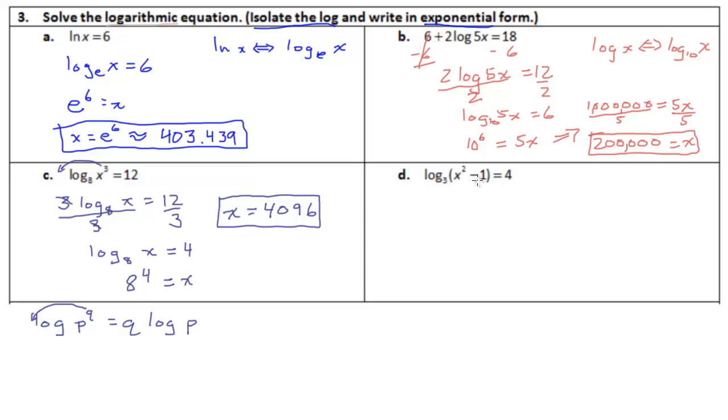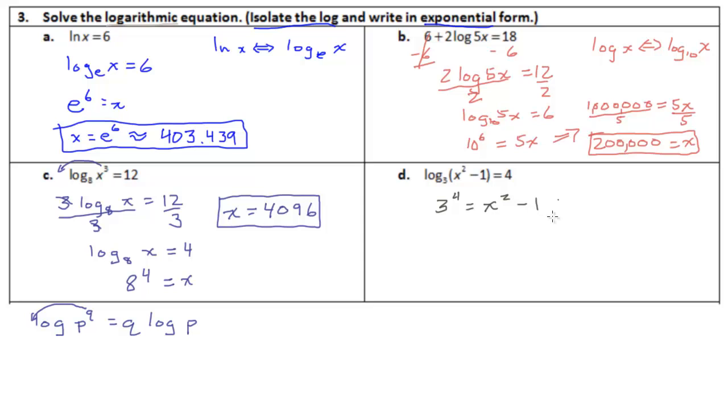This is not division. So let's go with rewriting this in exponential form. What we have is 3 to the 4th power is equal to x squared minus 1.